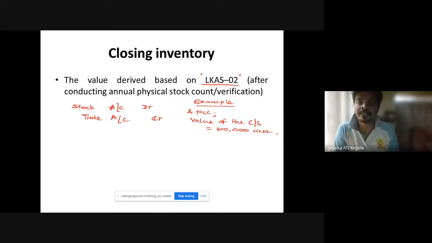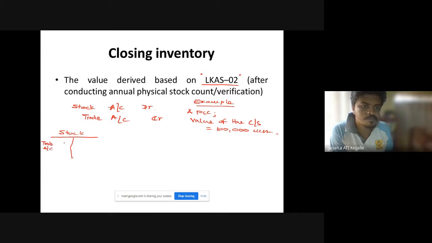Then how should we record this? In the journal entry here, I mentioned stock account debit, trade account credit, 100,000.